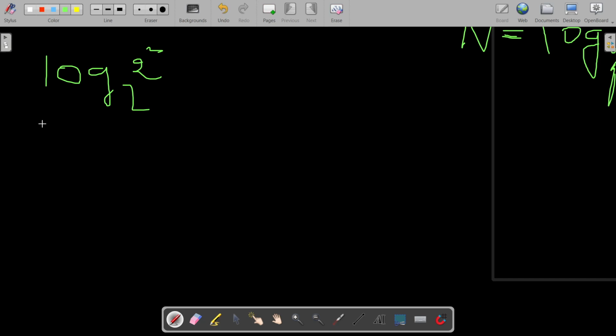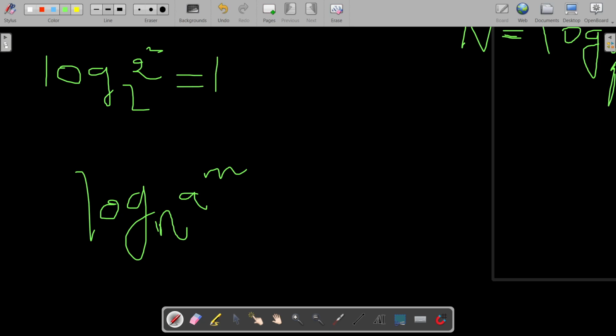This is for example purposes. Now let's take a general term: log of a power m, and I'm taking the base as n. How should we simplify this? We are saying that this answer is 2. The raised power is 2.